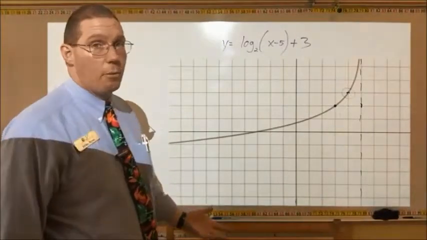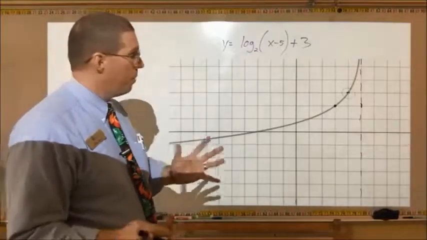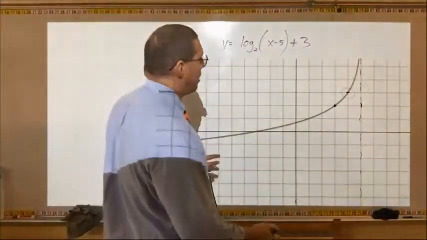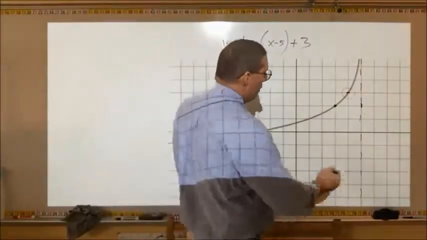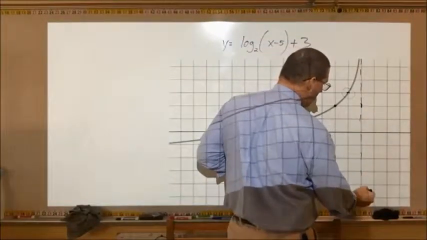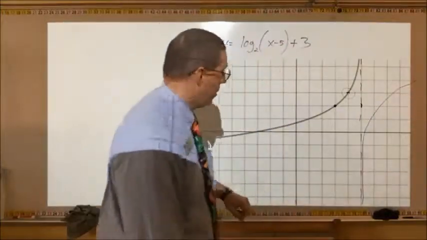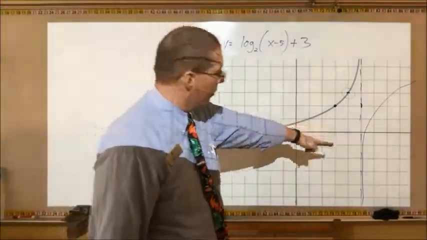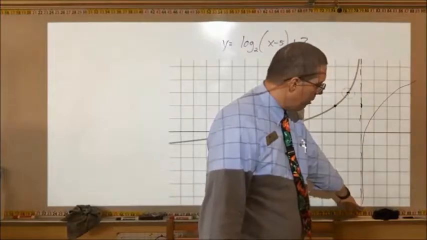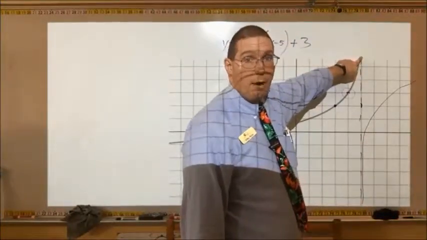Now we have to identify whether it's backwards or upside down or both or neither. Normally a logarithmic function is on the right side, and it normally points down instead of up. That's a normal logarithmic function. It follows the asymptote down. This one follows the asymptote up. Therefore, it's upside down.